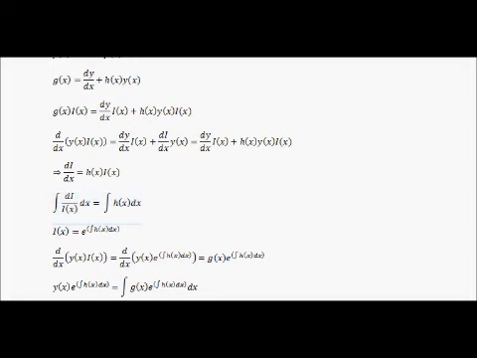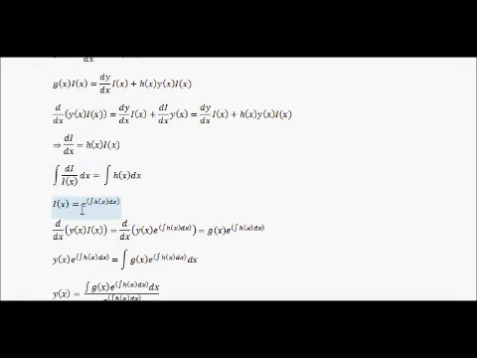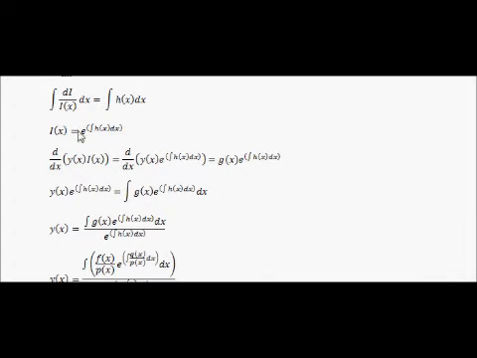You integrate directly and you get I of x is e to the power of the integral of h of x dx. I didn't really explain where this comes from. When I integrated this, I was just solving a separable differential equation.